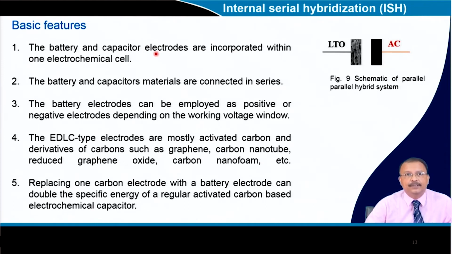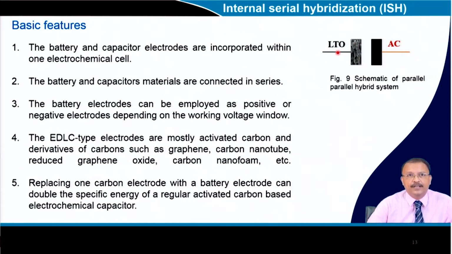So, one example you can see is that this is a battery, LTO is a battery material and AC, activated carbon, is a supercapacitor material. So, this battery and capacitor are incorporated in one electrochemical cell. So, that we call internal serial hybridization. I already explained it. Now, they are connected in series. So, this one and this one are connected in series.